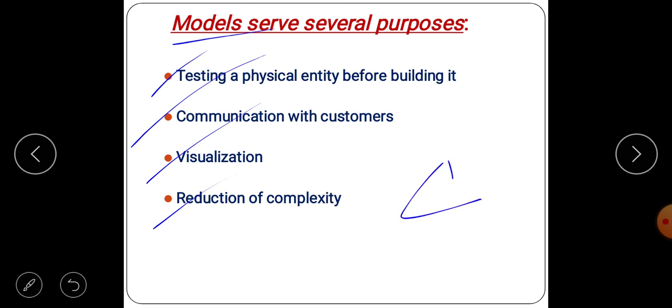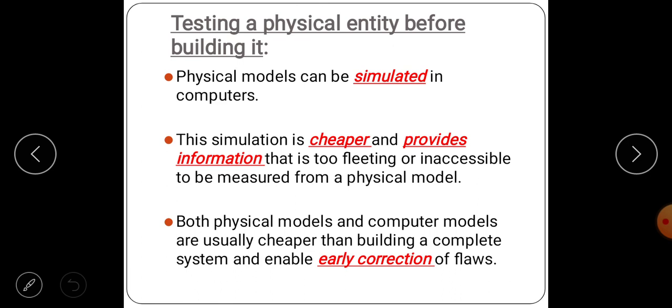These are the four purposes of the model. We'll discuss one by one. Okay, testing a physical entity before building. A physical model can be simulated in a computer.